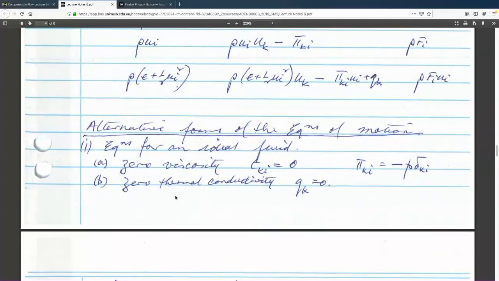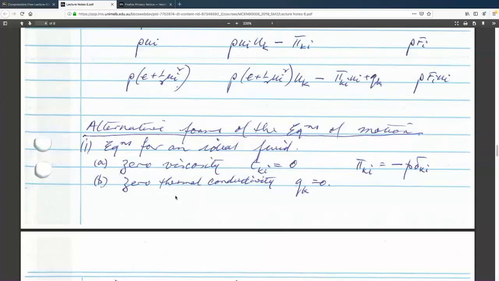So let's talk firstly about the equations for an ideal fluid. An ideal fluid has zero viscosity, so tau_ki is equal to 0 by definition. And therefore this stress tensor has only one component, minus P delta_ki, the pressure.